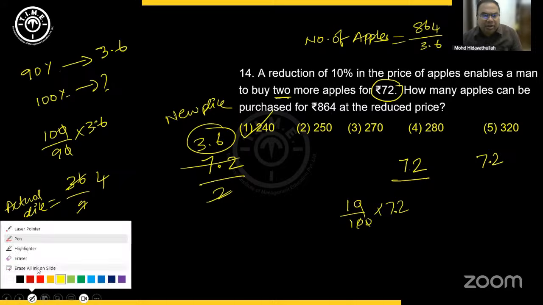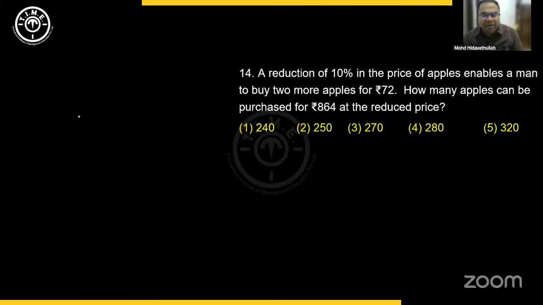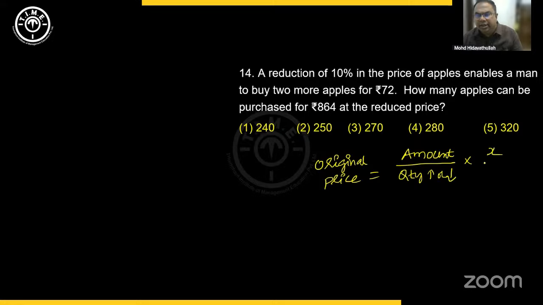Now, those who are comfortable with formulae, I will give you a formula here. Original price is amount by quantity more or less into x by 100 plus or minus x.